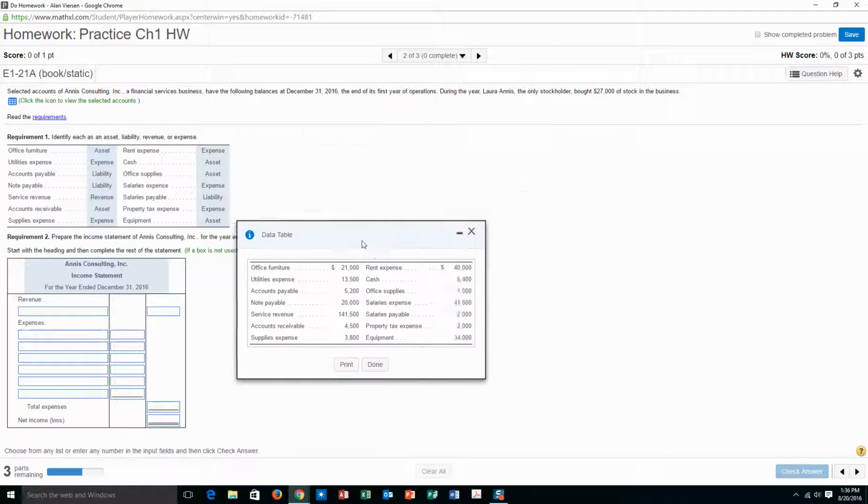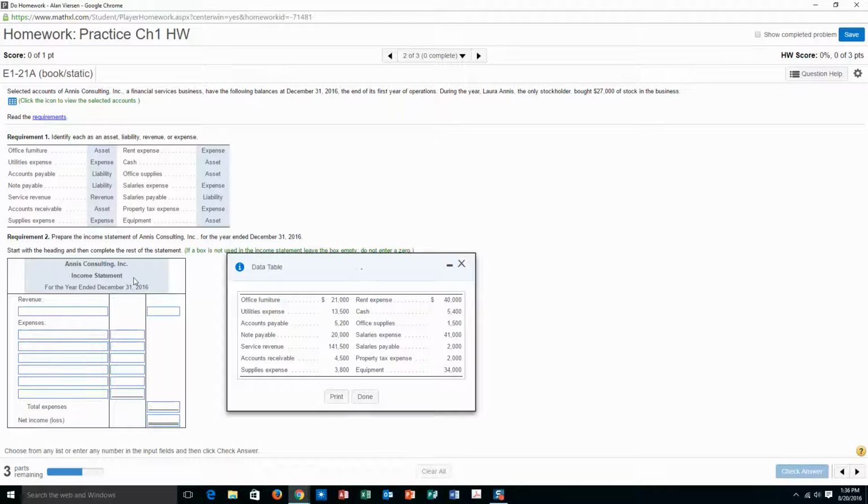Now the nice thing about an income statement is it's just basically all of the revenues minus all of the expenses gives you what the net income is. And so we look over here at what our revenues are, and we put in that, and then we'll subtract our expenses.